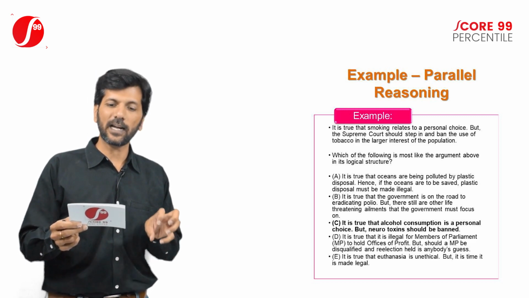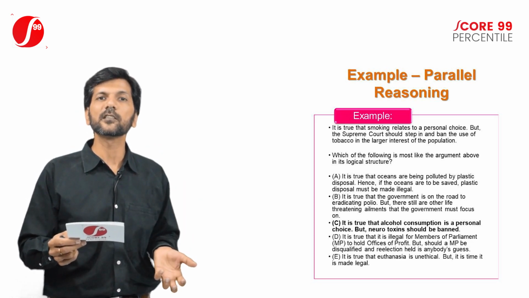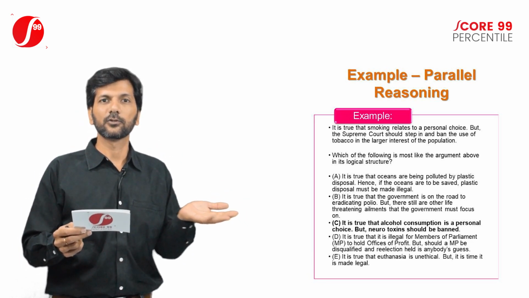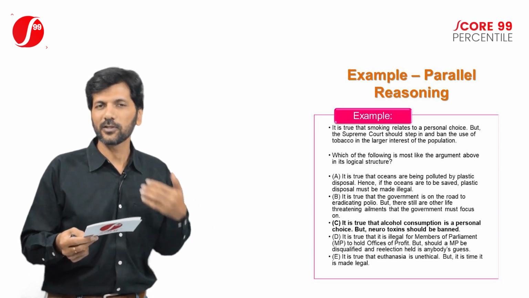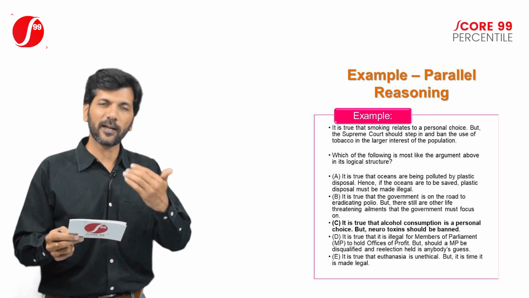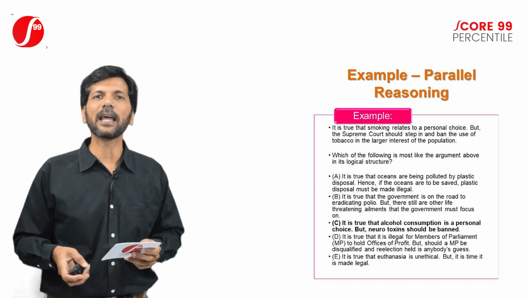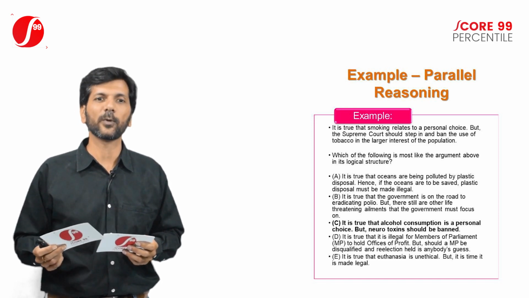So now we are saying that all kinds of toxins that act on your nervous system directly should be banned, though it's people's choice to consume alcohol. So this is very parallel to the logic given there. I would recommend that you go through choices D and E and see for yourself why they are not logical enough to answer the question.